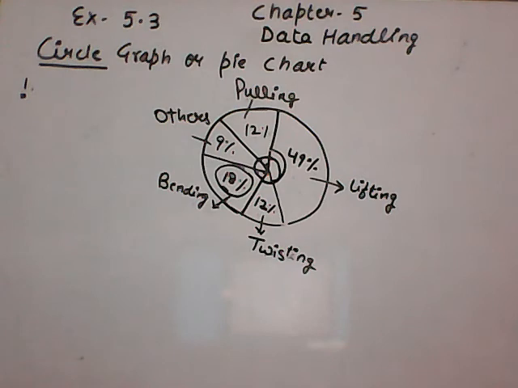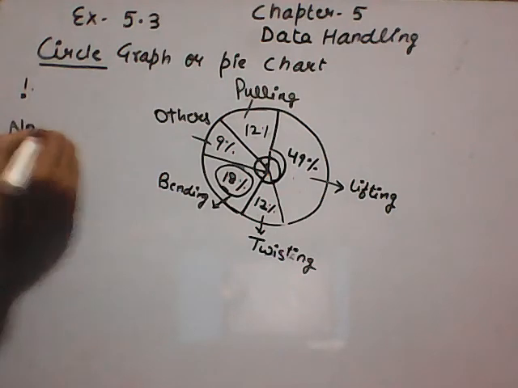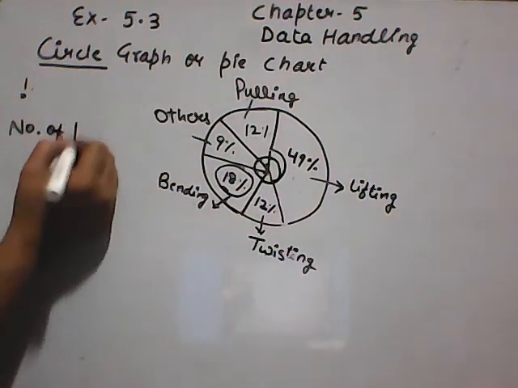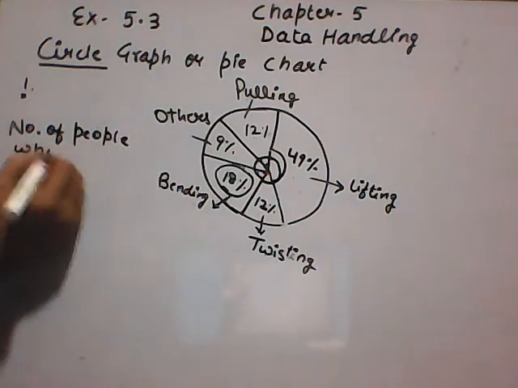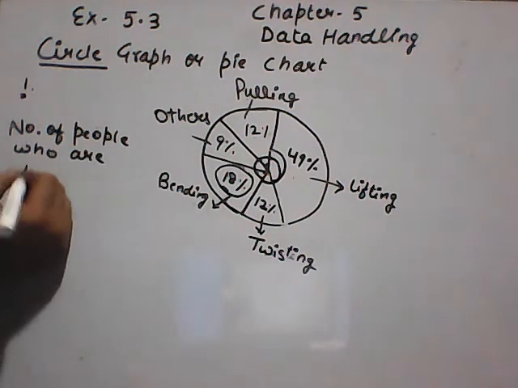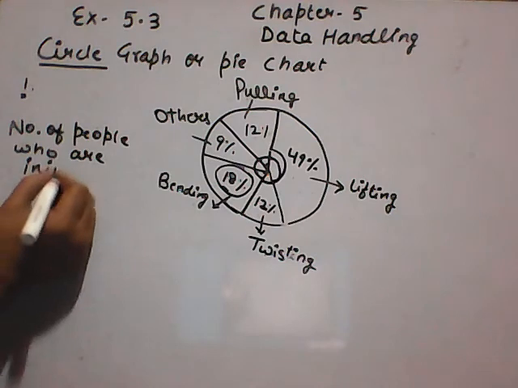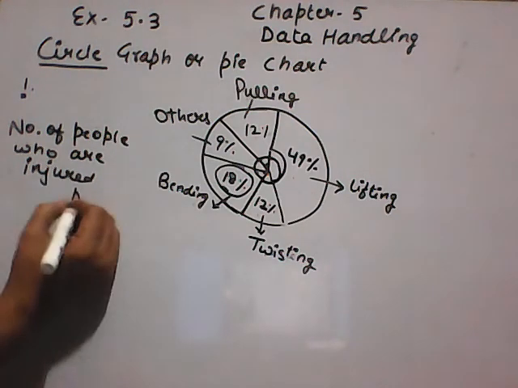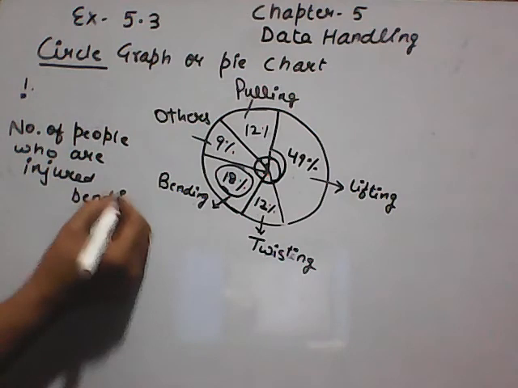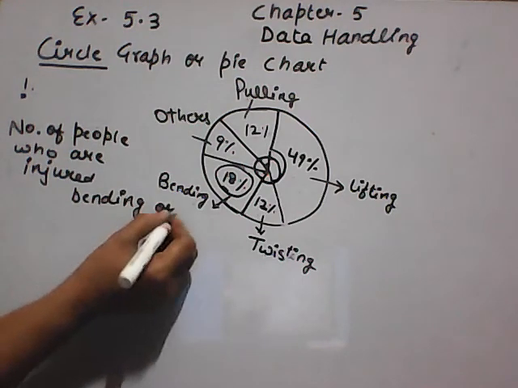Let's start with the very first question of exercise 5.3. In this pie chart, you have to find out the number of people who are injured while either bending or lifting.